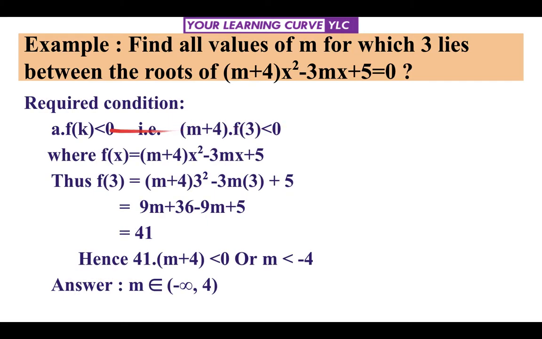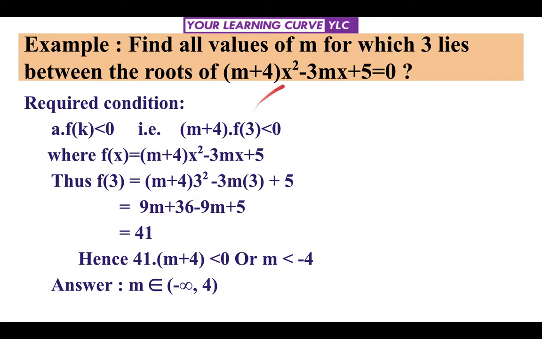So we know that the required condition is a into f(k) is less than 0, that is (m plus 4), this is the leading coefficient a, multiplied by the value of the function at 3, this product should be less than 0. Here f(x) is (m plus 4) x squared minus 3mx plus 5. This quadratic expression is the f(x) here.